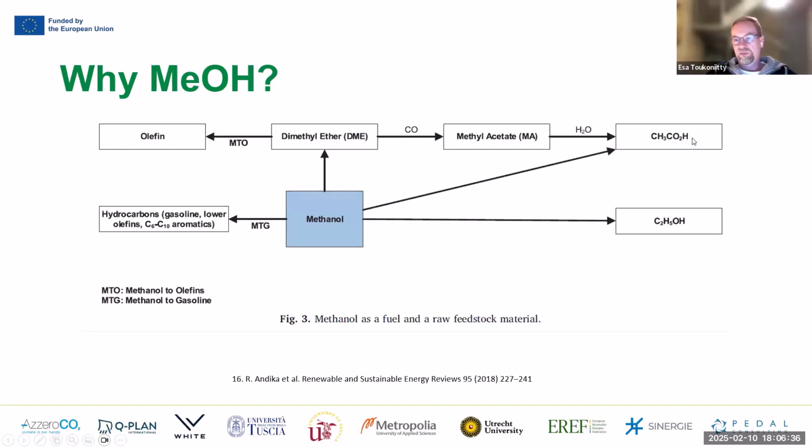You can also get the acid straight from methanol. And here this is ethanol, the second simplest alcohol, so it has one more carbon compared to methanol itself. Also, MTG, methanol to gasoline, so in this process you can convert methanol to hydrocarbons. So this makes methanol a versatile chemical.